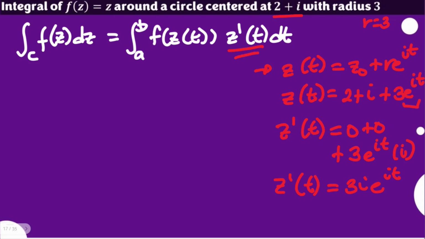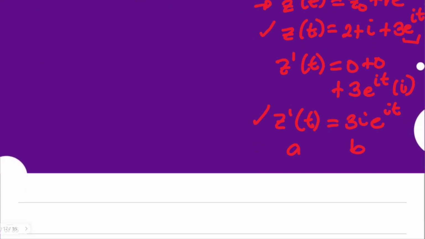So we now have the z of t and we now have our z prime of t. What we need to identify now are a and b, which correspond to the boundary of your t. Since it's a circular path, obviously it starts with 0 and ends with 2 pi.